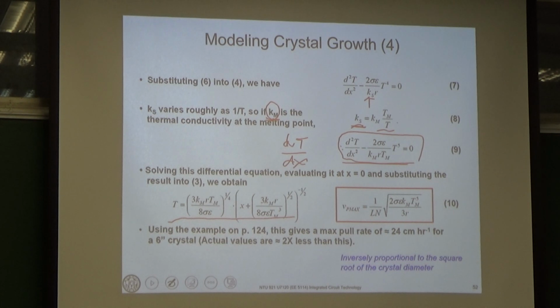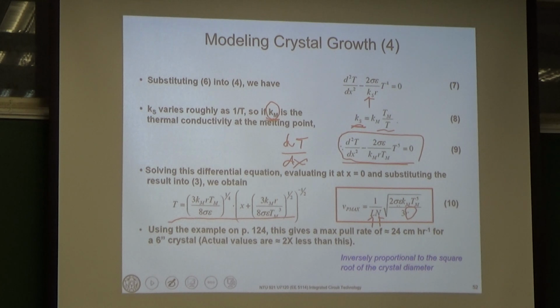Basically you can see here all the parameters are known, because Km or Tm are the temperature and the thermal conductivity at the melting temperature, and you have N and L. The only variable is your R. R is the radius of the wafer that you want to have, right?